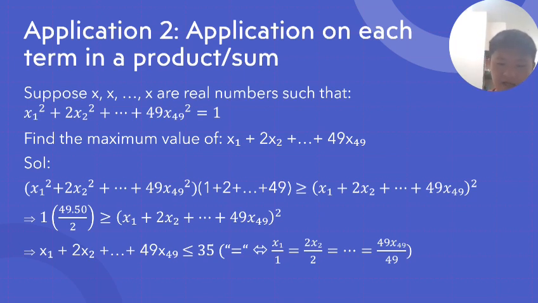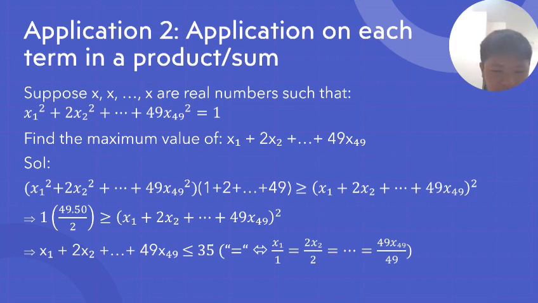So the first term will be the square root of x1 squared multiplied by 1, which is x1. The second term will be the square root of 2 x2 squared multiplied by 2, which is 2 x2, and just go on until the end, the square root of 49 x49 squared multiplied by 49, which is 49 x49.